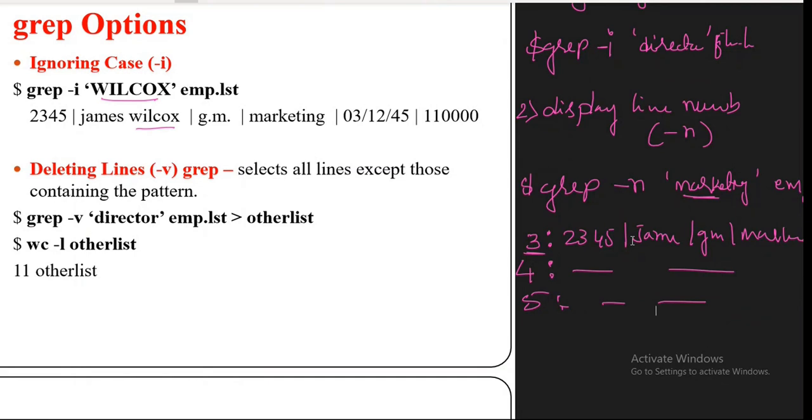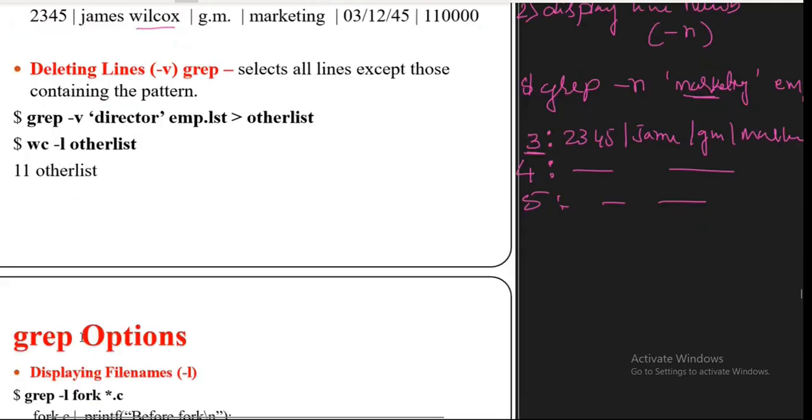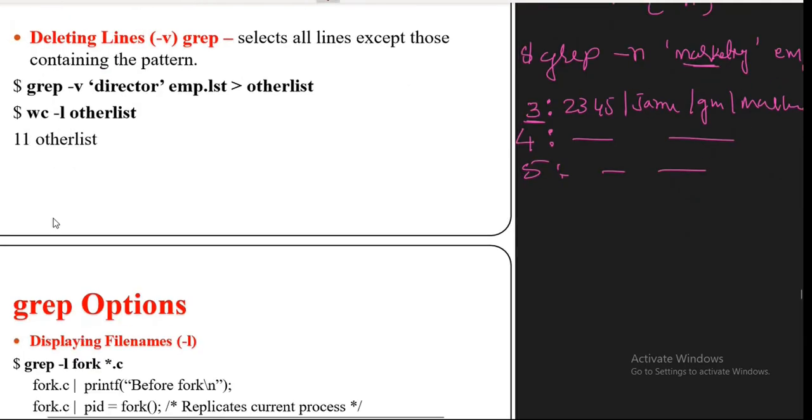Before going to deleting lines, before going to option -v, I'll take option -c. What does this -c represent?